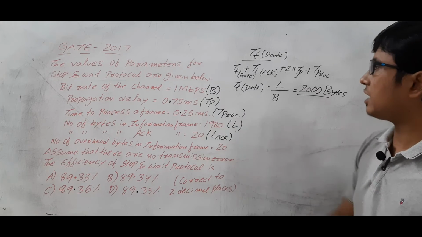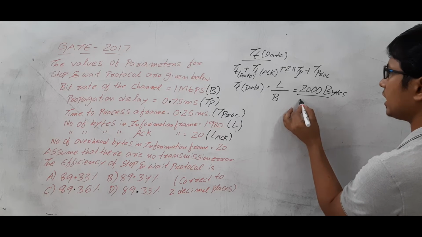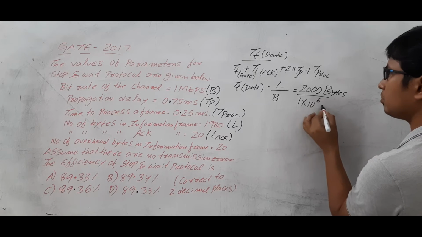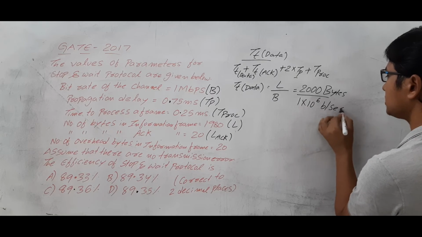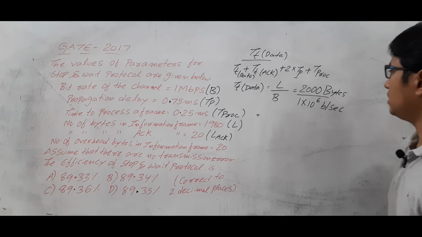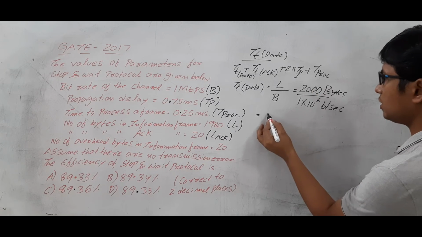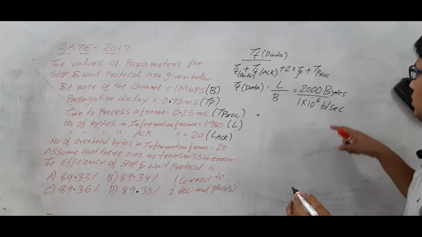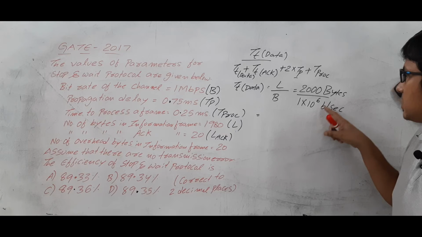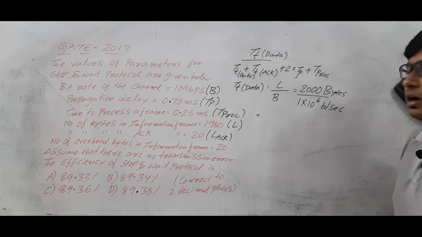Then what is the bandwidth? They have given 1 Mbps, which is 1 into 10 to the power 6 bits per second. Is it clear? Now, I also need to convert this into bits, because the denominator is in bits per second and the numerator is in bytes.